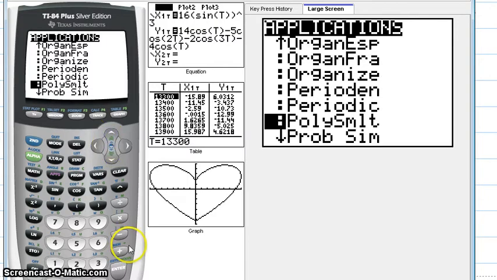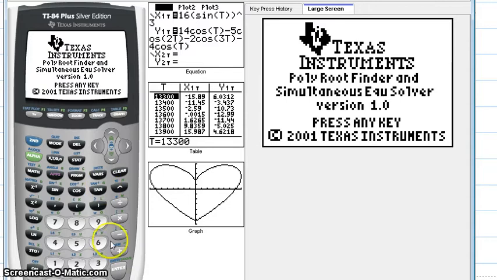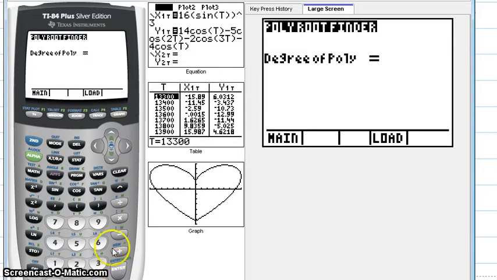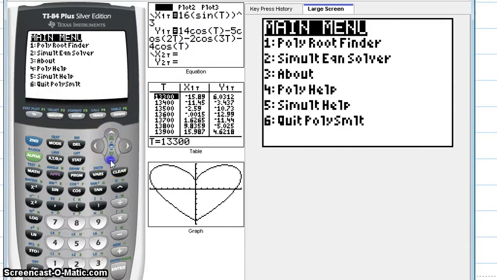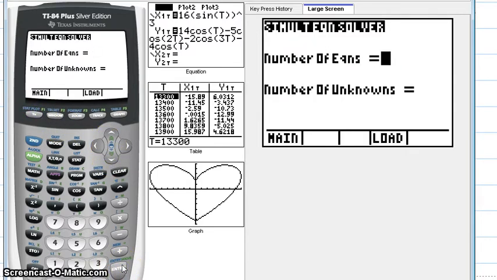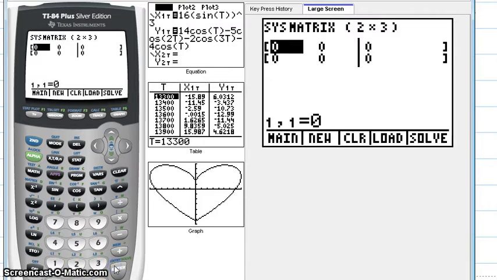And it's got polysimultaneous 1, so this is a very old OS clearly. Simultaneous equation solver. Number of equations 2, number of unknowns 2.